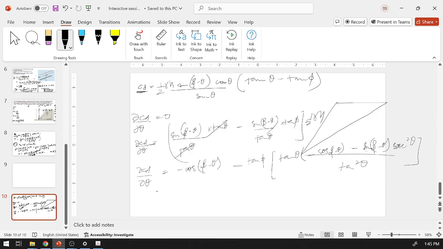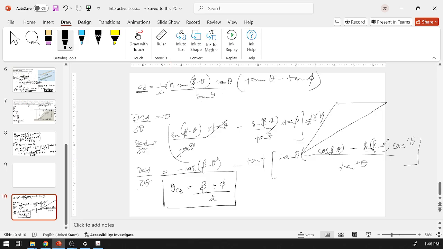So if you equate it to 0, finally you will get a critical theta of beta plus phi over 2. This will be the critical angle.